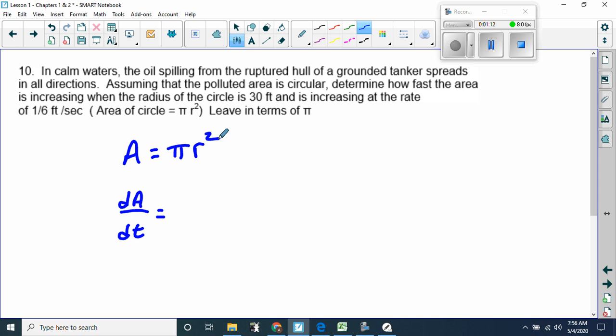So when we take the derivative of this side, pi is a constant, so I can just move the 2 out front, subtract 1 from the exponent, and then the chain rule says times the derivative of r. Because we took the derivative with respect to time, the derivative of r is not 1, it's dr dt. Now I can plug in the radius, which is 30.